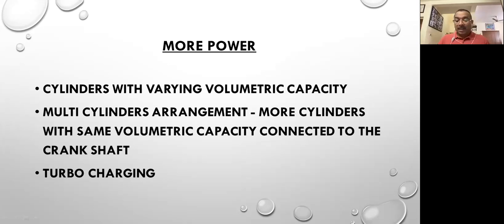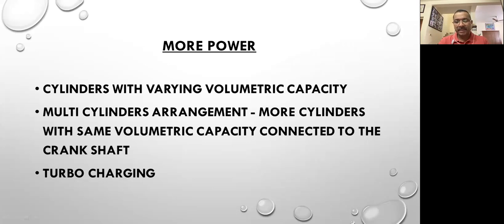But actually a practical diesel engine will use a multi-cylinder arrangement for producing more power. When you look at the specifications of a car or a bike, truck, or the like, it will say that it is a 4-cylinder engine.